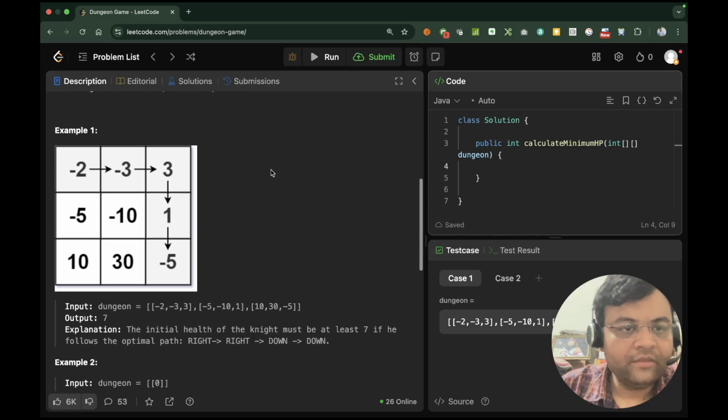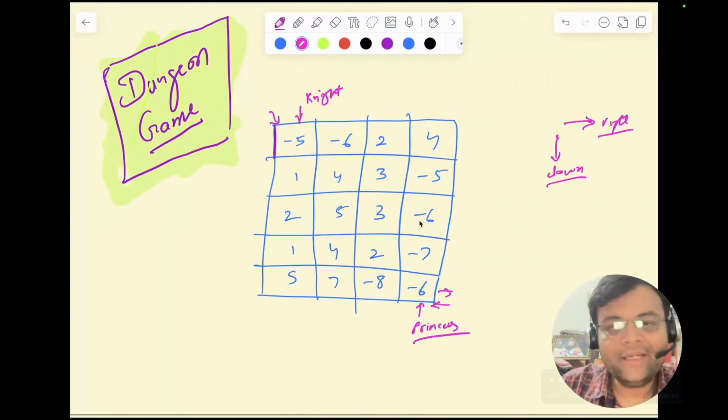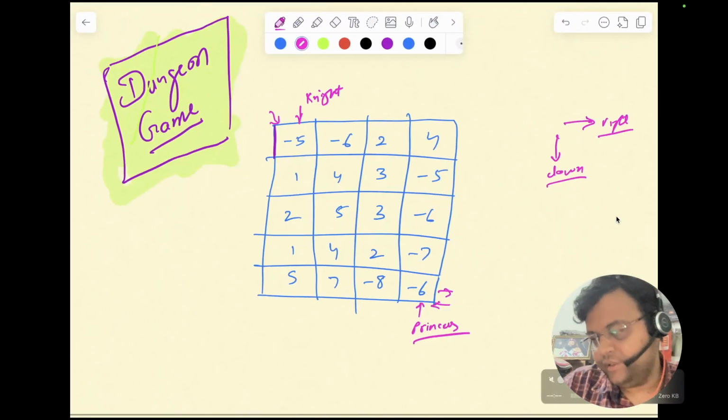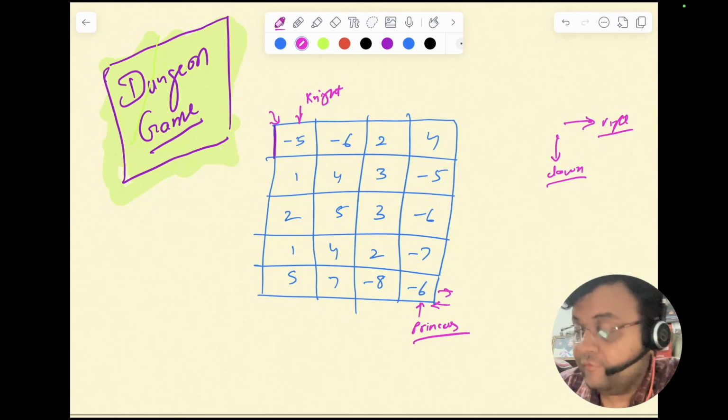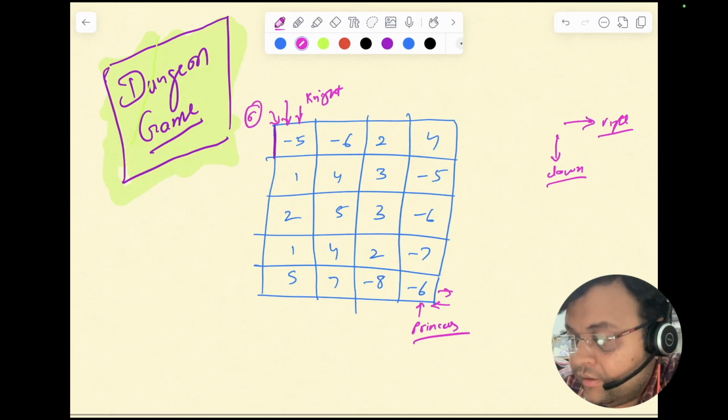Now let's take an example to show you this problem statement more accurately. For example, the knight is here. As soon as he enters this room, he loses 5 units. So he should have at least 6 units available so that as soon as he enters this room, he won't die.